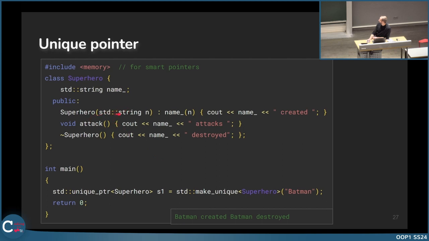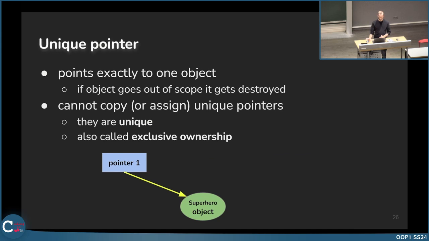The constructor of superhero takes a string, so we hand over the string there. And this will create, in the first place, our superhero object, and additionally a smart pointer to this object. So we have both here now: we have created the object and a pointer to this object.